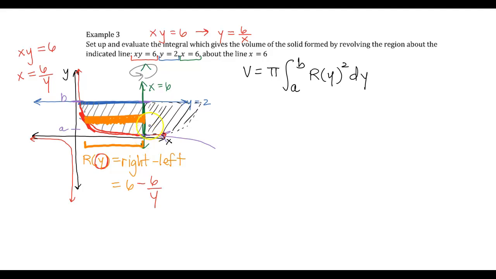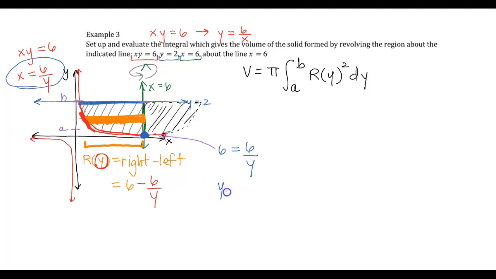So this point down here happens when 6 is equal to 6 over y. So I took the x value of 6 from the green equation and set it equal to the expression for x for the red graph.